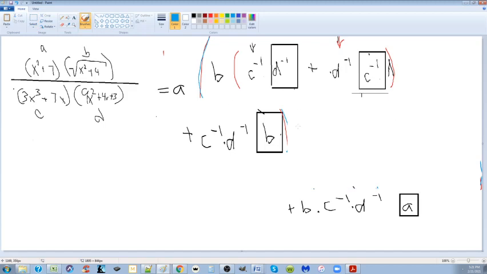You can notice that B is multiplying all this stuff. You can also notice that there's common things.